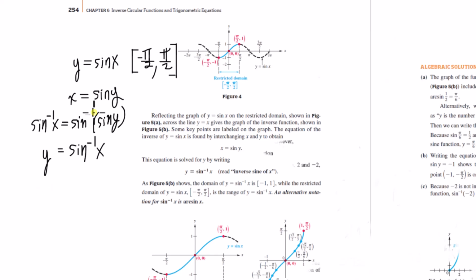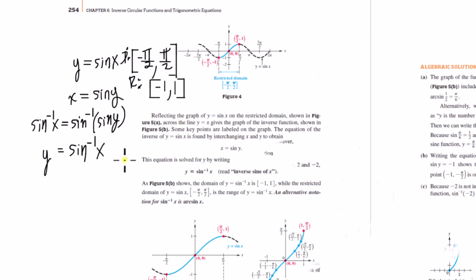We learned in algebra, so what's the domain and range of this? With the sine function, here's the domain, and the range we know is, with this domain restriction, -1 to 1.